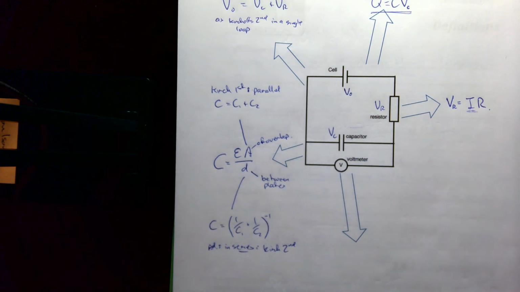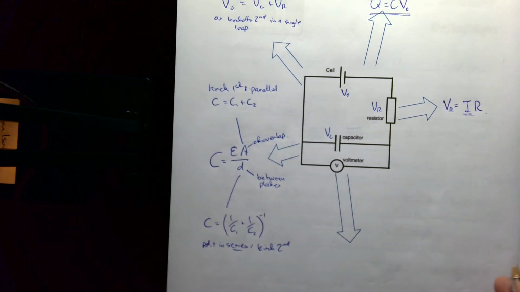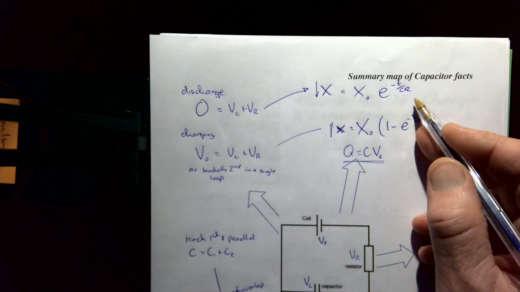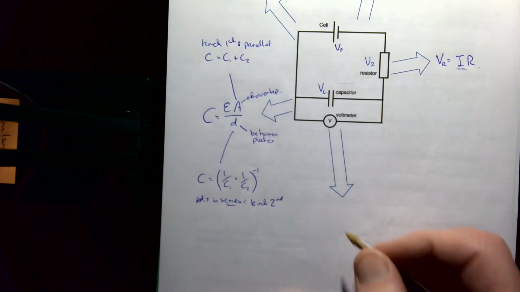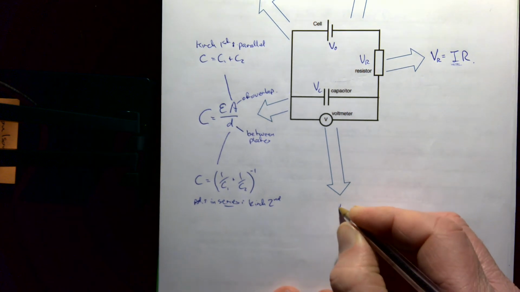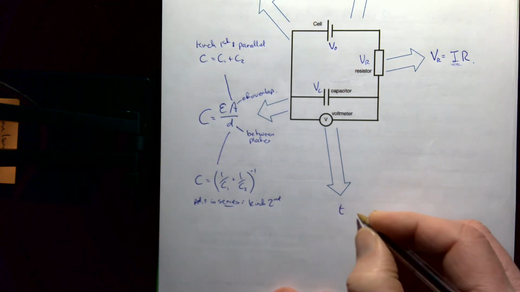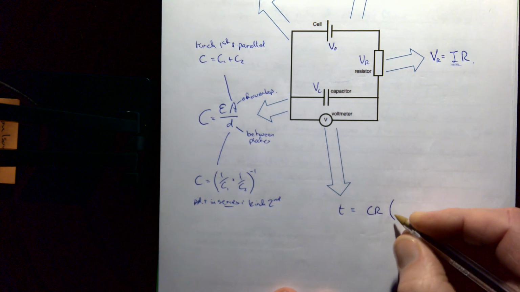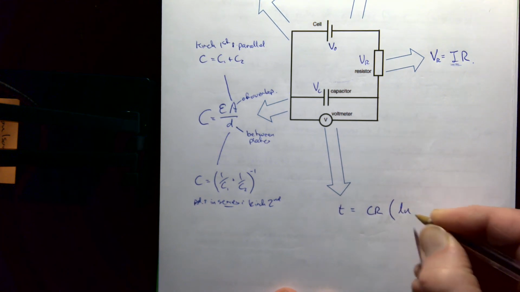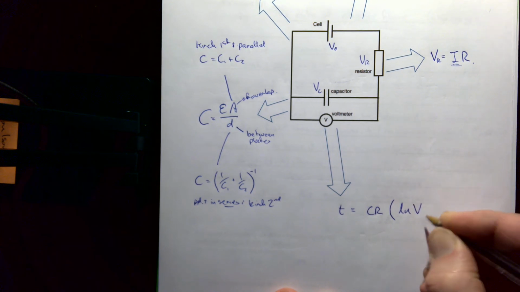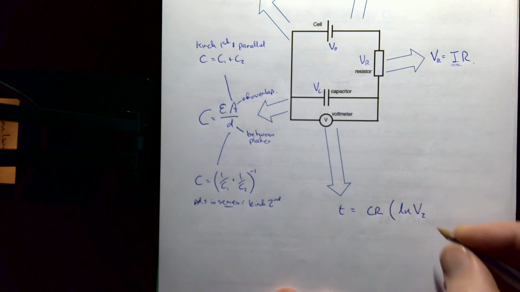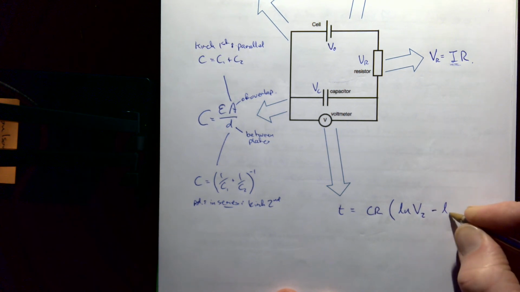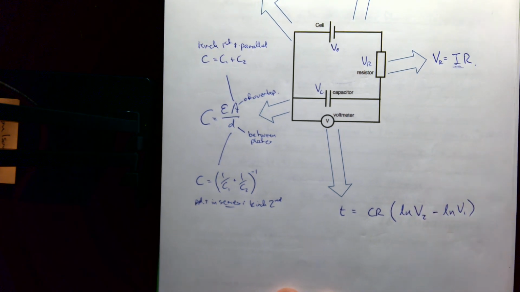The only thing I've got missing is to bring in that idea of time. Linking up from these top equations, you might want to think of time itself. So t over CR, if I rearrange that, I can end up with a slightly neater version, which might appeal to some people more than others. It's how long it's taken to change to a second voltage from a first one.